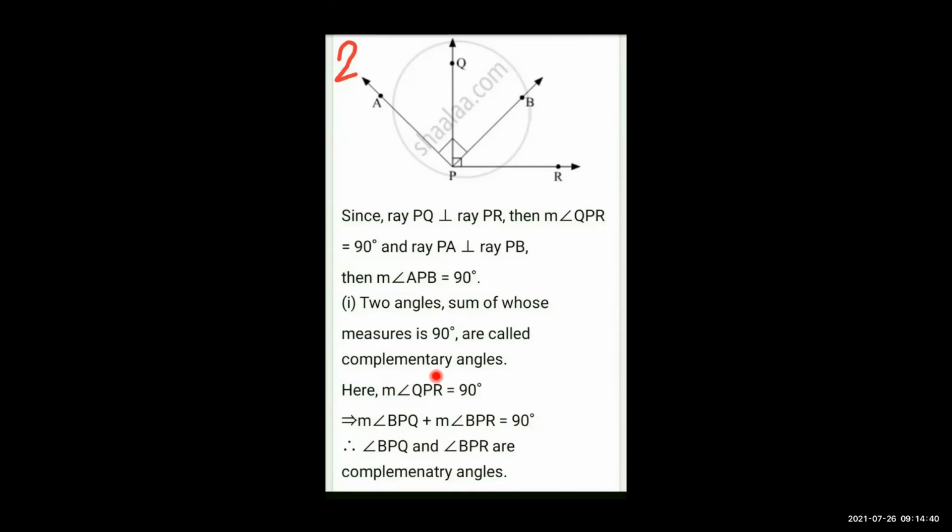So this is one pair of complementary angles. Similarly, you can also write the main angle A, which is the addition of two angles, angle APQ plus angle QPB.